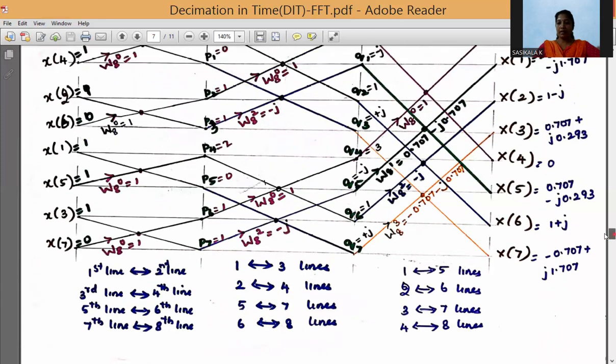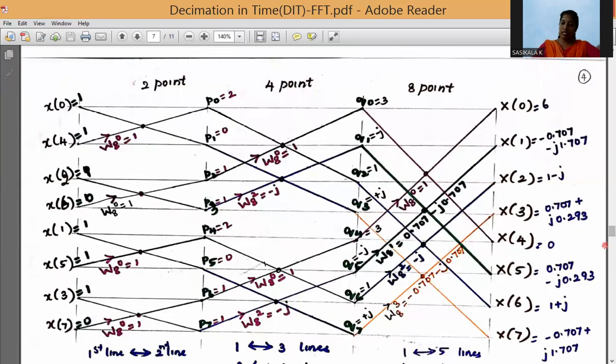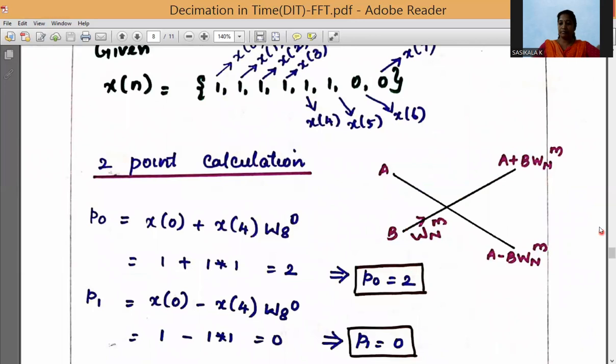And at last, the DFT of small x of n equal to capital X of k is equal to, substitute all these values, which is equal to 6, comma, minus 0.707 minus j 1.707, comma, 1 minus j, comma, 0.707 plus j 0.293, comma, 0, comma, 0.707 minus j 0.293, comma, 1 plus j, comma, minus 0.707 plus j 1.707.